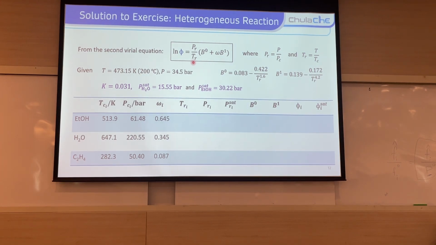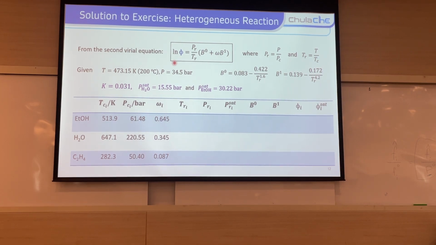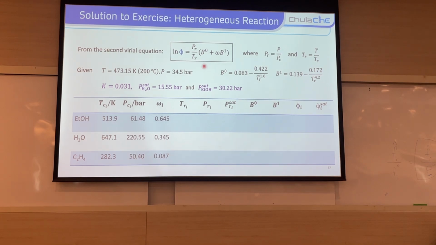On the other hand, you can use the second virial equation that I have shown here to calculate the fugacity coefficient of each species as well. This one is the fugacity coefficient of the pure species.